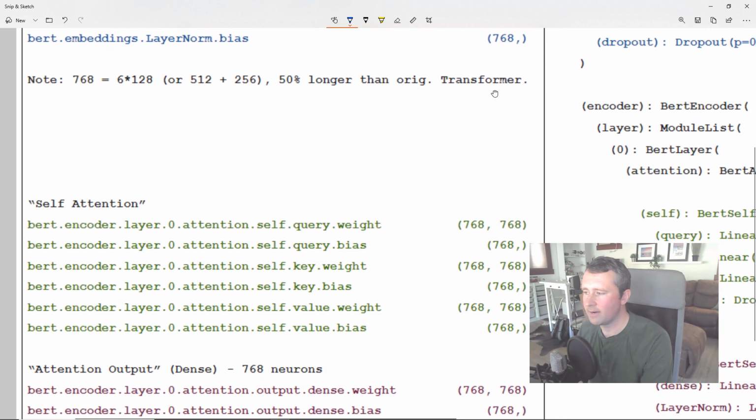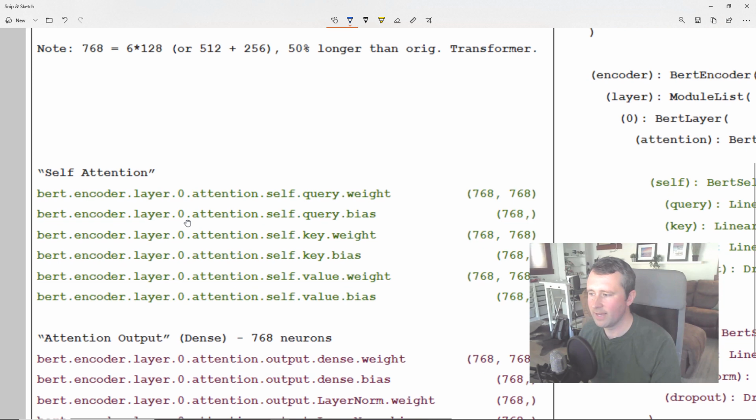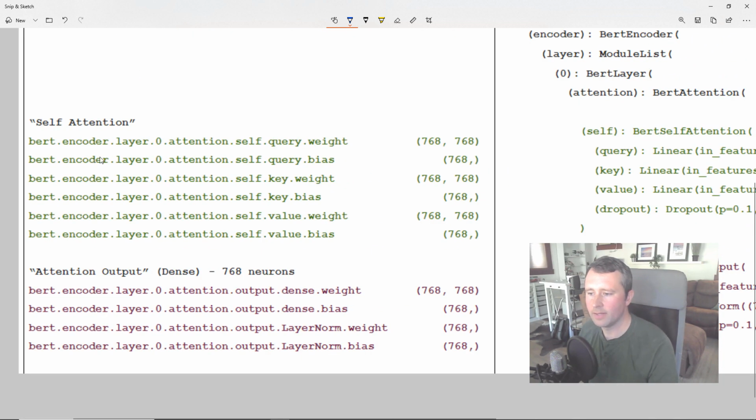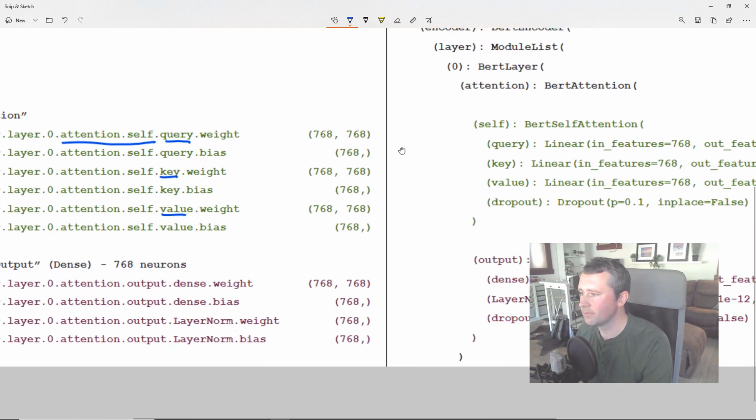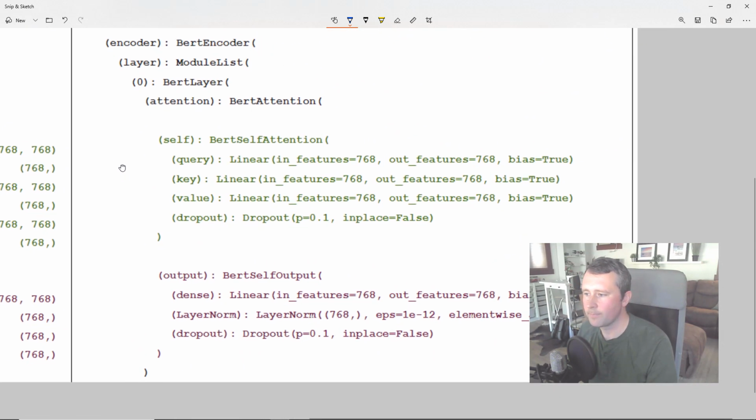All right, so moving down, the next set of weights we've got here are all labeled self-attention. There are some keywords here that we're going to see in the tutorial real quick: query, key, and value. For each of those, we have both a square weight matrix as well as a bias term. And we can scooch over here and look at the architecture.